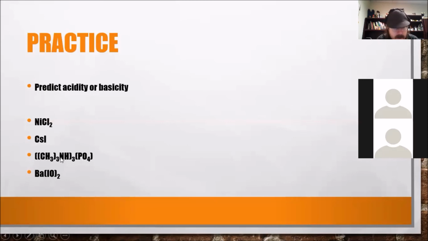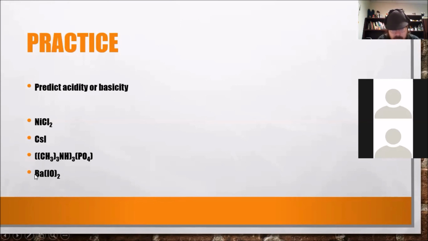So there's no way that's going to be anything but acidic. Now phosphate. You add a hydrogen to phosphate, you have HPO4 2-. That is definitely not a strong acid. So you have an acidic cation and a basic anion. The question becomes, which one of these is stronger? And I'm not going to ask that of you right now.